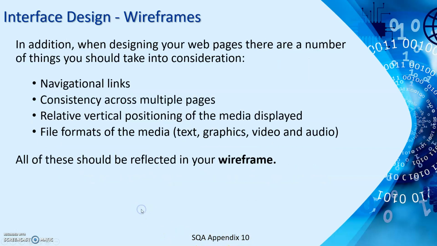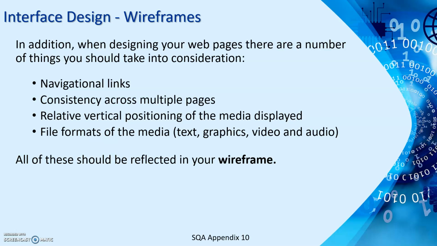Okay, so in addition, when you're designing your web pages, there are a number of things that you should take into consideration. The navigational links, you must have consistency across all of the pages on your website. You have to be aware of the relative vertical positioning of the media displayed. At National 5, you're only expected to just put things one underneath each other.